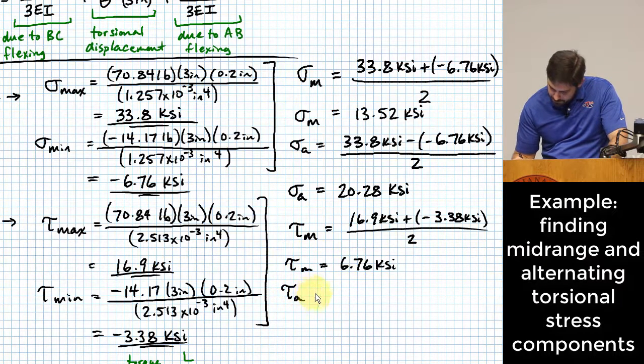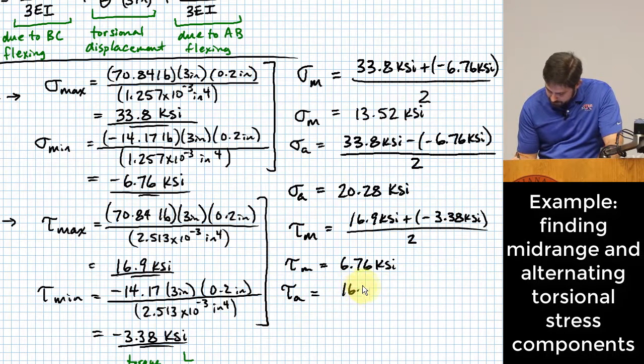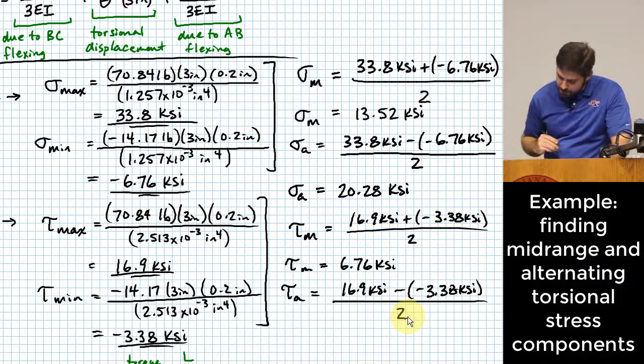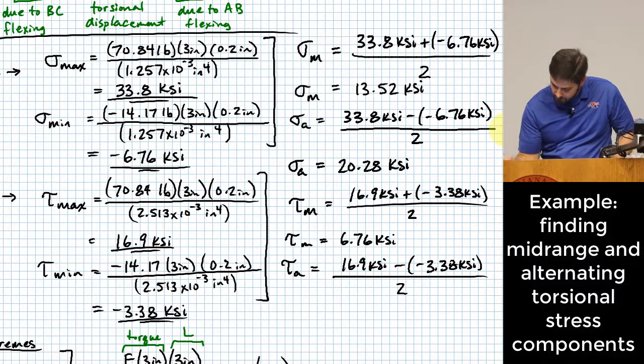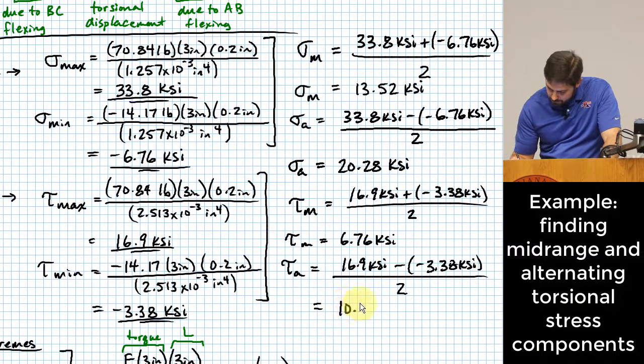And my alternating component of shearing stress due to torsion is just going to be 16.9 KSI minus a minus 3.38 KSI, that over 2. And that gives me 10.14 KSI.